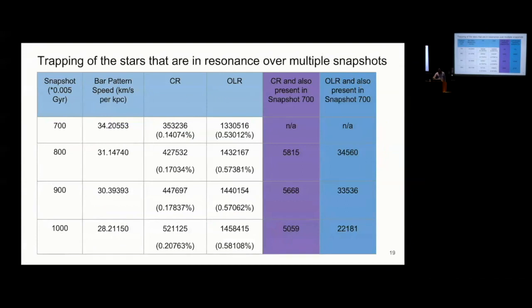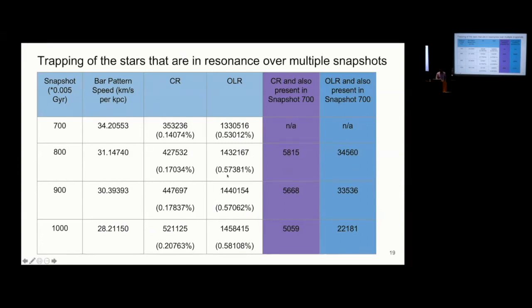I also have been looking at multiple other snapshots, and I see that if you look at the stars that are trapped from very long back in time, those same stars slowly get drifted away. We don't see them always getting trapped. Some of them are released from their orbits.